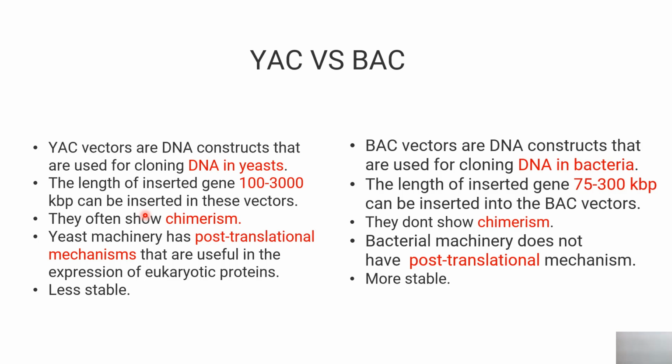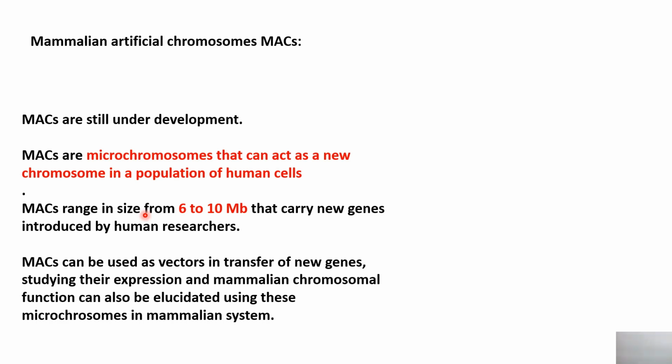YAC can show chimerism. BAC does not show chimerism. Yeast machinery has post-translational mechanisms that are useful in expression of the eukaryotic proteins. Bacterial machinery does not have post-translational modification, but BAC is more stable and YAC is not.